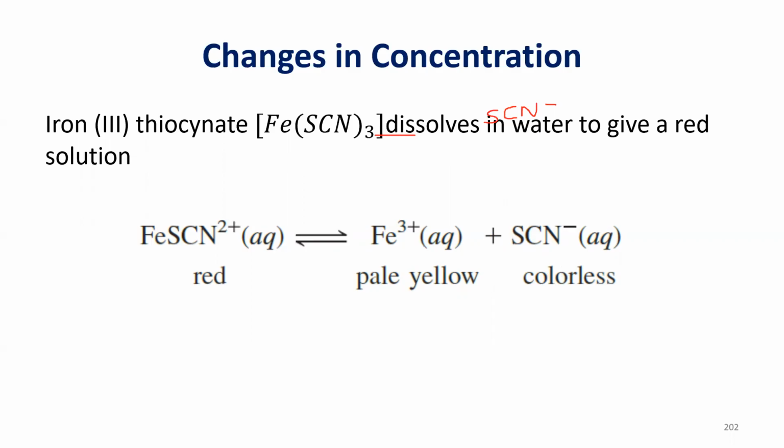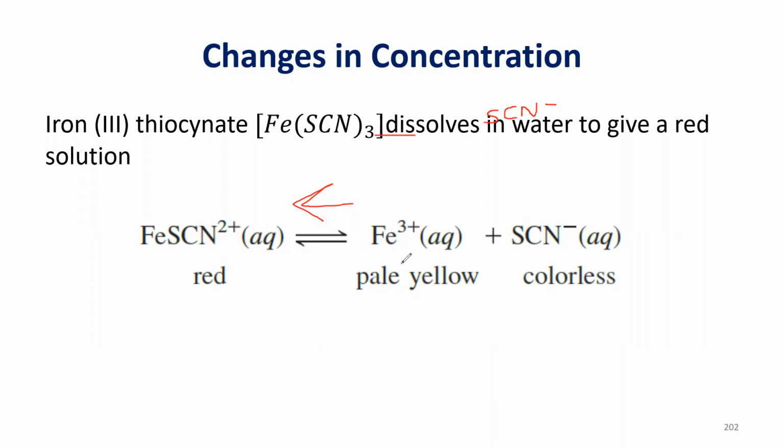So for it to do that, it will move in the opposite direction to make sure that the extra thiocyanate ions that are introduced by adding sodium thiocyanate are used up in reacting with.